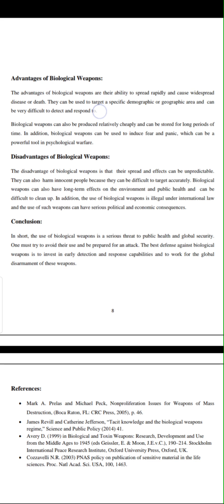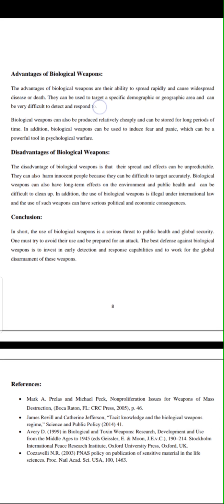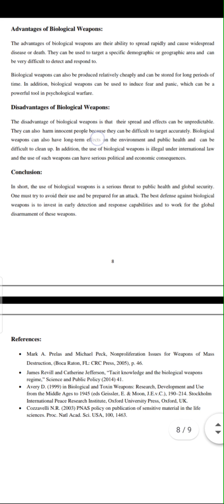Their major disadvantage is that they can also harm innocent people because they can be difficult to target accurately. In addition, the use of biological weapons is illegal under international law, and the use of such weapons can have serious political and economic consequences. These are the disadvantages, and at the end, I will conclude the topic.